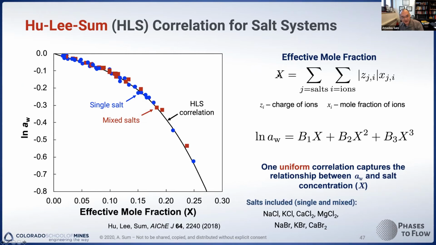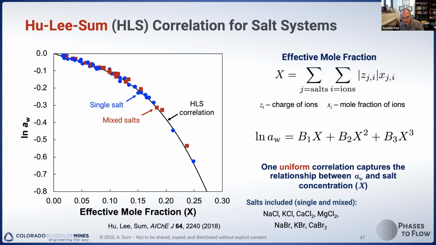If you are familiar with electrolytes, typically one uses either molality or ionic strength. But if we plot the same data, either with molality or ionic strength, we won't collapse this data. And this data are for many different salts. But using this new concentration variable, we do.